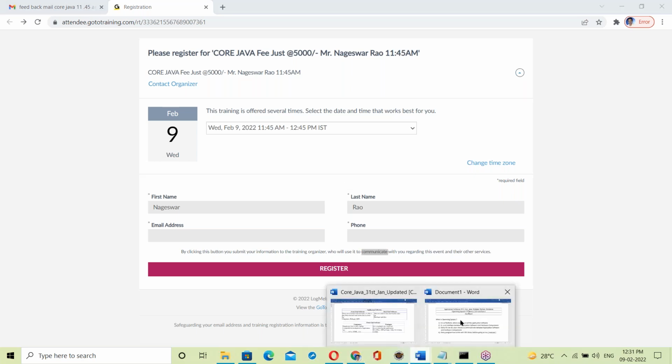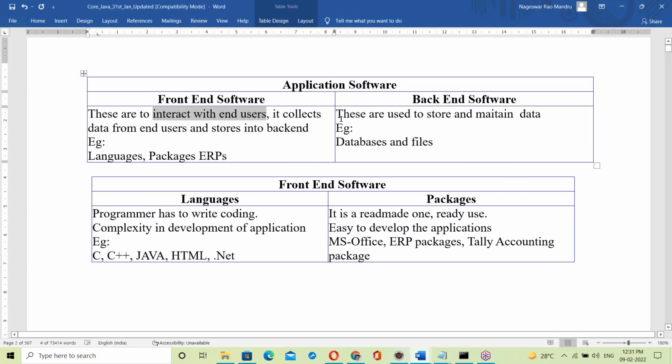Next, the backend stores and maintains data. Data is stored in databases, maybe an Oracle database, SQL Server or MySQL, or in files like Windows files, Linux files, or Hadoop HDFS, different file systems.